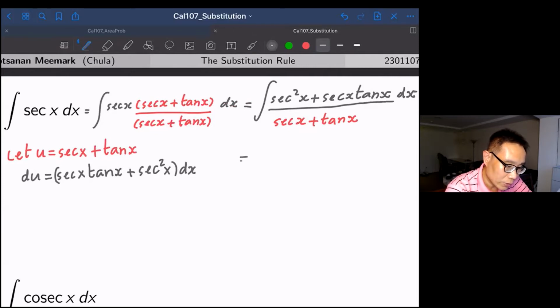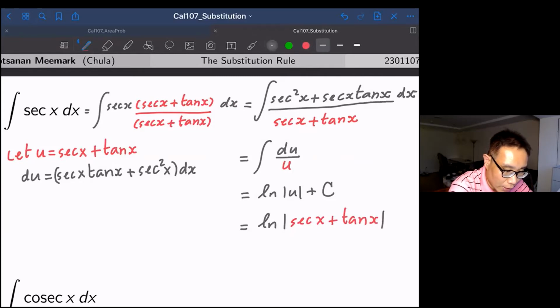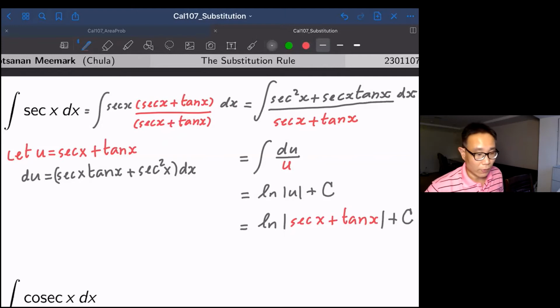So du equals secant x tan x plus secant squared x dx. So the top turns out to be du and the bottom turns out to be u, so everything is nice. You integrate 1 over u du, so you get log absolute u plus c, which in this case is log absolute secant x plus tan x, plus c. So this is the integration by substitution.